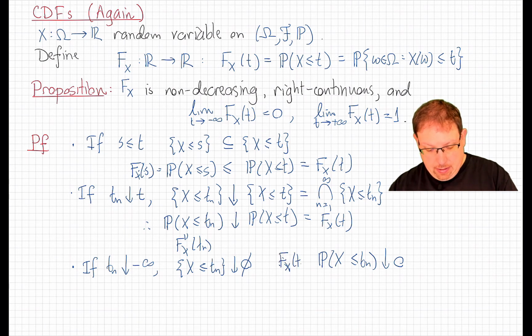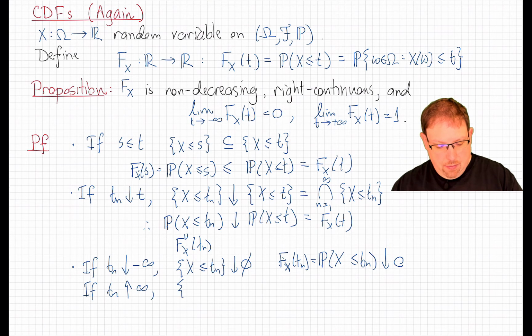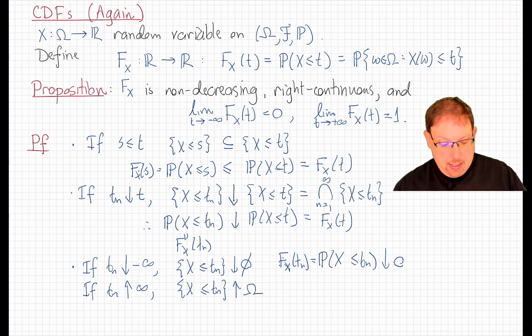And similarly, if T_n goes up to plus infinity, then the event that X is less than or equal to T_n will increase to the entire sample space, since X is real valued.